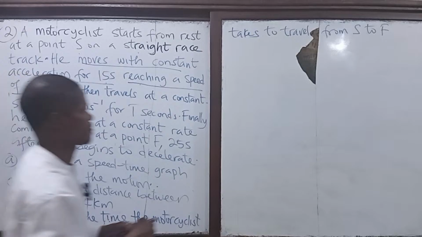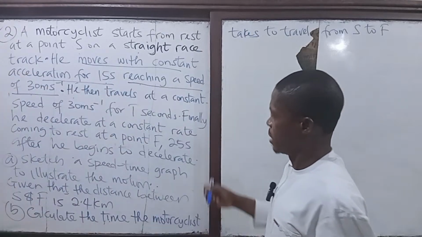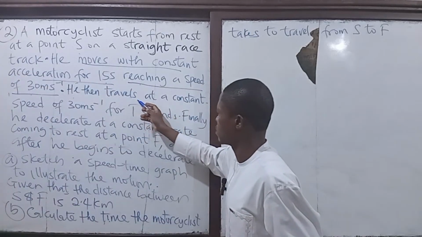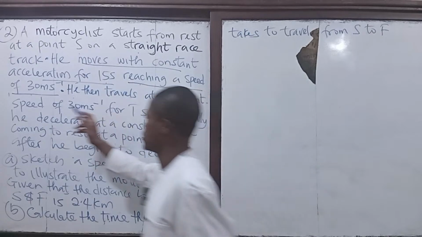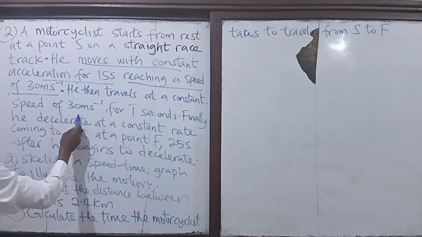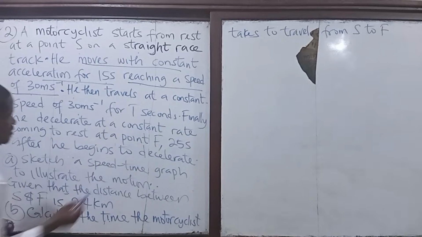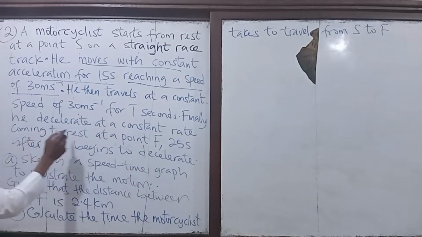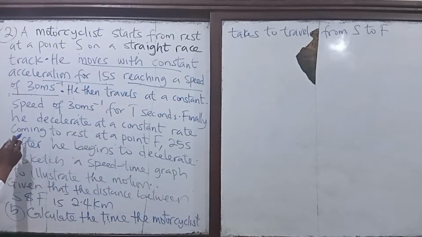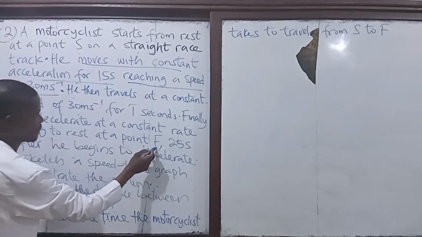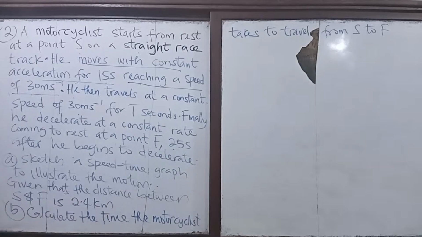It then travels at a constant speed of 30 meters per second for 3 seconds. Finally, it decelerates at a constant rate, coming to rest at the point F 25 seconds after it begins to decelerate. Sketch a speed-time graph to illustrate the motion.